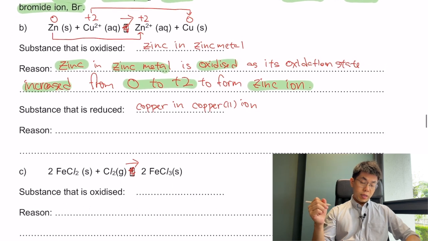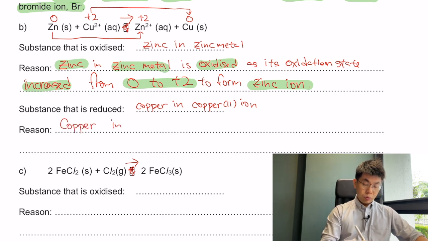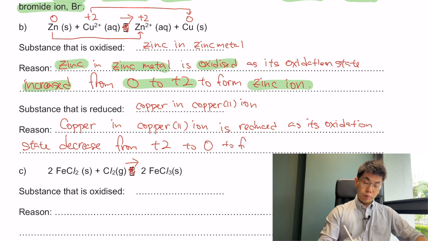All right, let's try one more time. Next one. Over here, we have copper. So we say that the copper in copper 2 ion is reduced as its oxidation state decreased, because reduction is a decrease, from starting +2 to 0 to form copper metal.